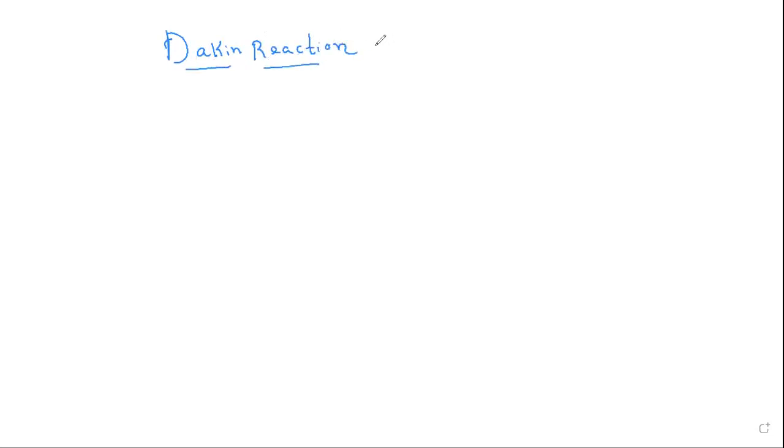In this Dakin reaction, we are going to discuss what exactly this Dakin reaction is, followed by the general reaction and the mechanism of this Dakin reaction. Okay, so we'll start to proceed with this Dakin reaction.